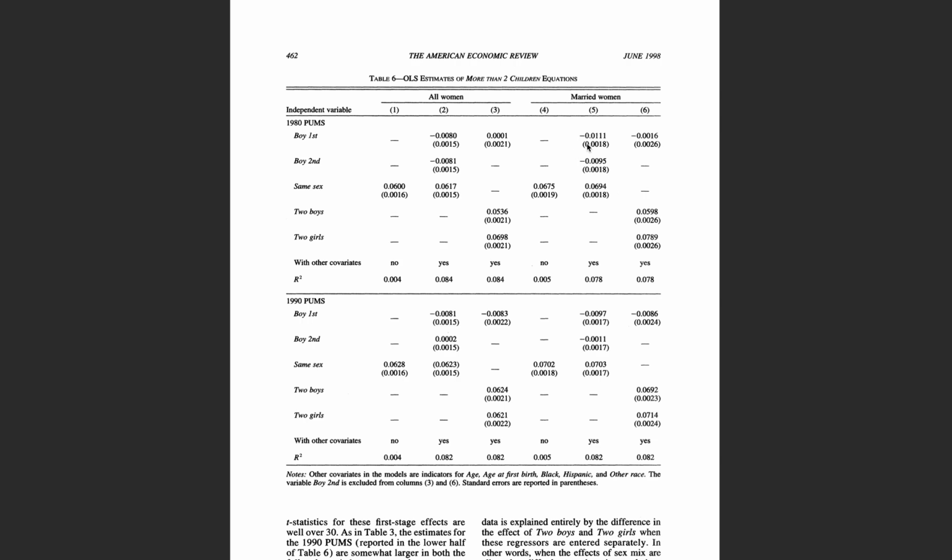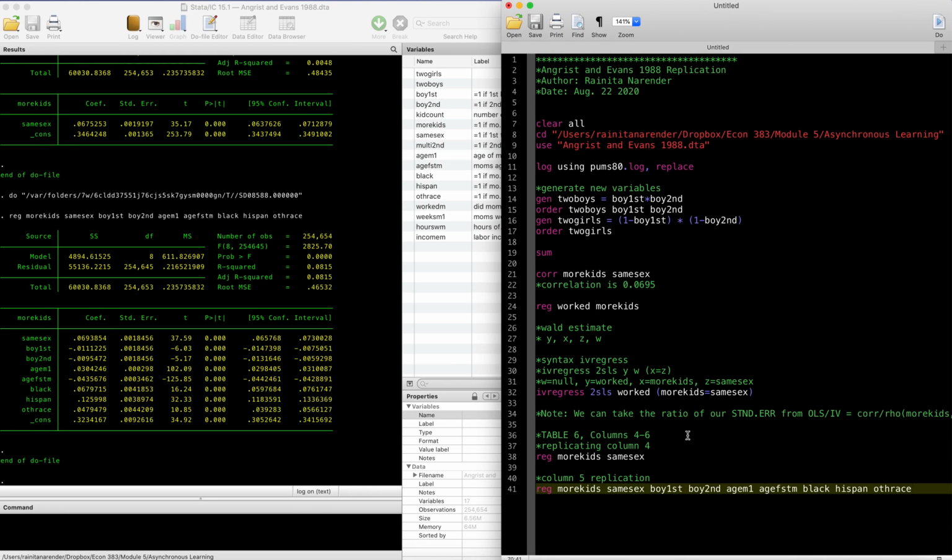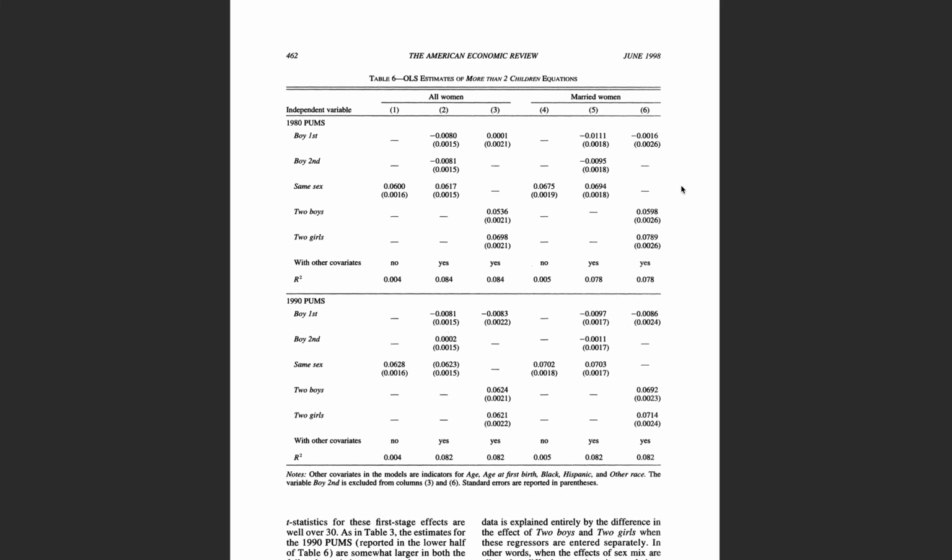And so they look at boy first, boy second, and they say that for married women having more than 2 kids, when the first child that they have is a boy, there's a negative correlation, holding all else constant, with the woman having more than 2 kids. And the same thing for the second, there's a negative correlation with having more than 2 kids if the second child is a boy.